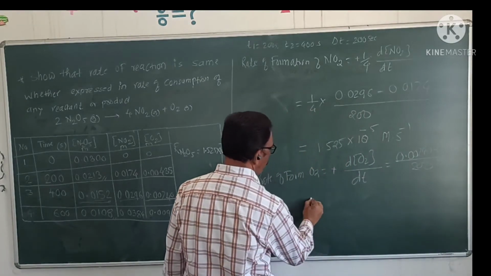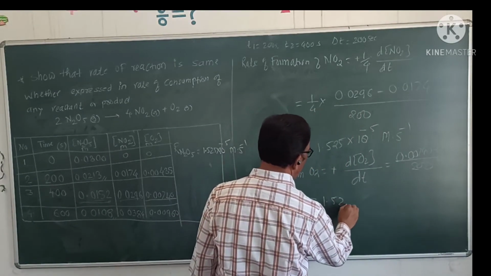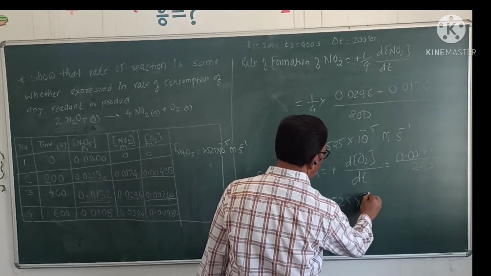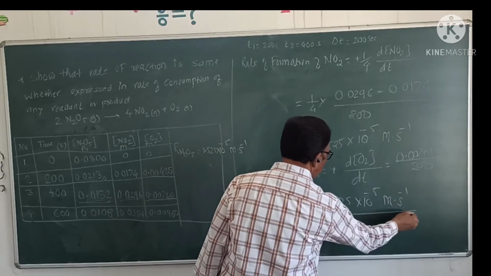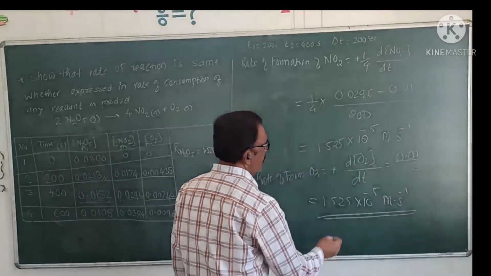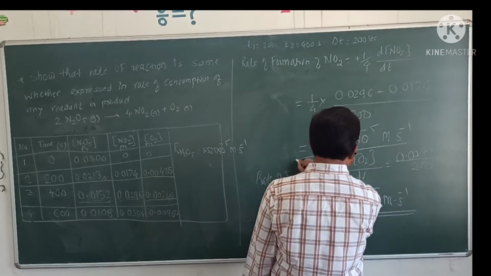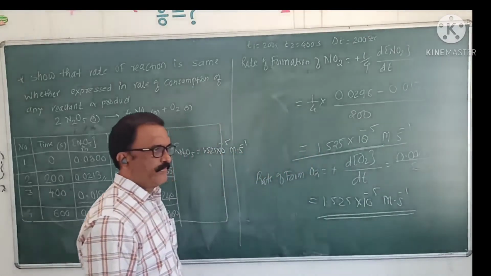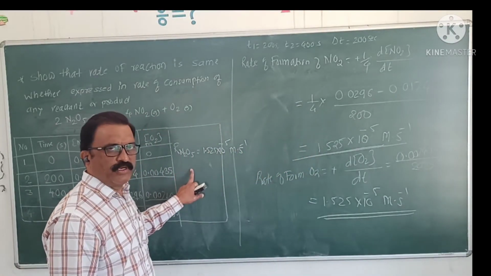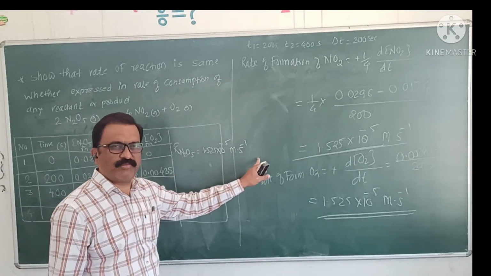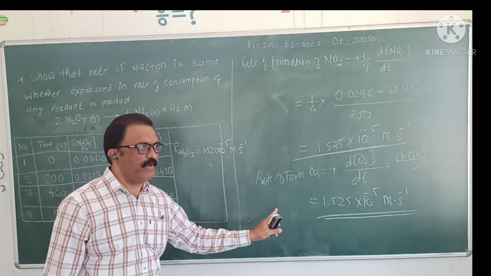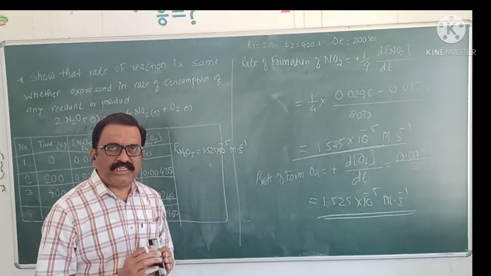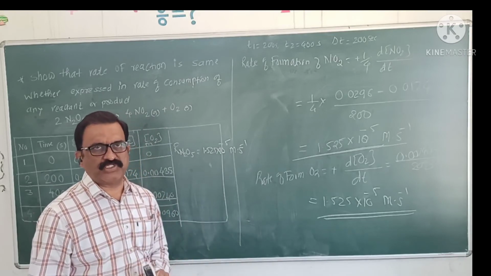This value is also equal to 1.25 into 10 raised to minus 5 moles per second. It is observed that the rate of consumption of N2O5, the rate of formation of nitrogen dioxide, as well as the rate of formation of oxygen, all these values are constant.